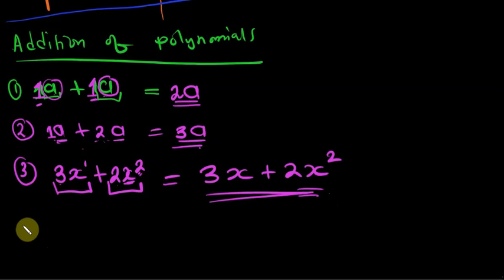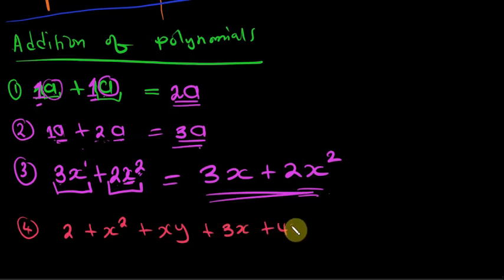Alright, let's add some binomials or even trinomials now. Let's see. 2 plus x squared plus xy plus 3x plus 4x squared plus 3xy plus 3. Okay, so let's add this.